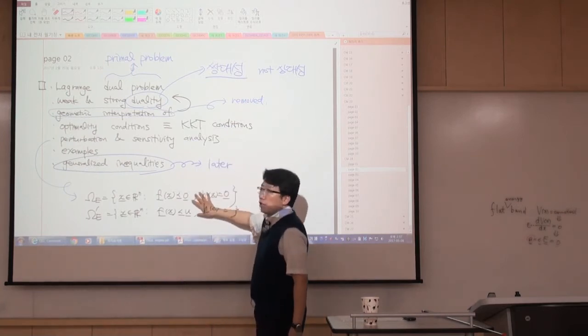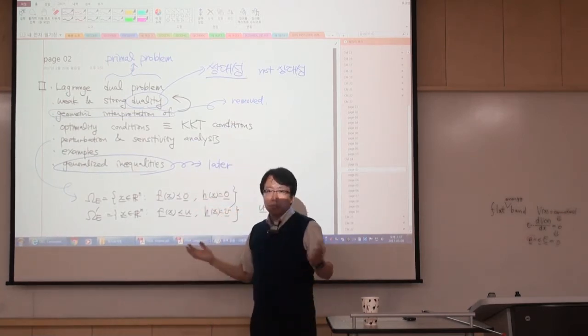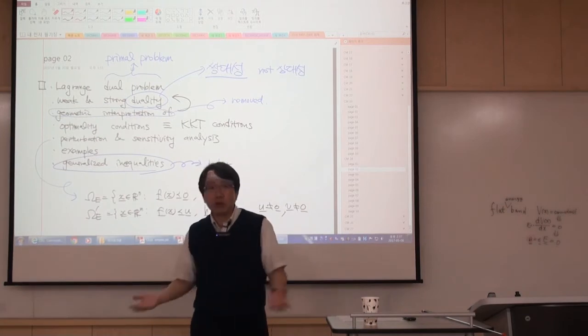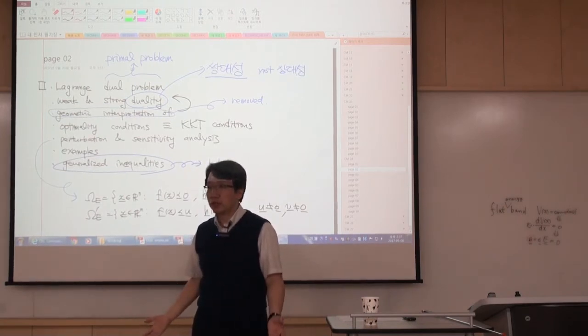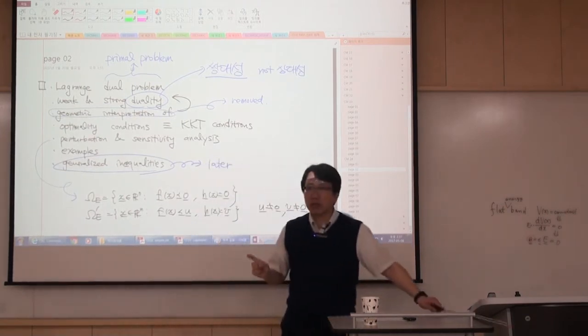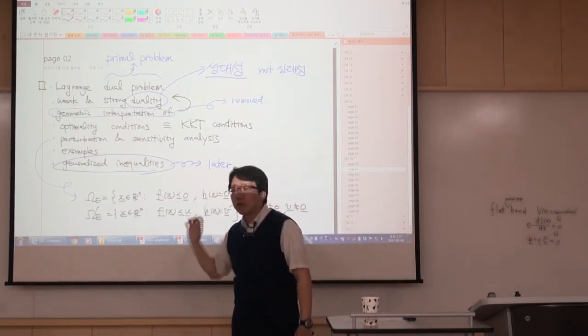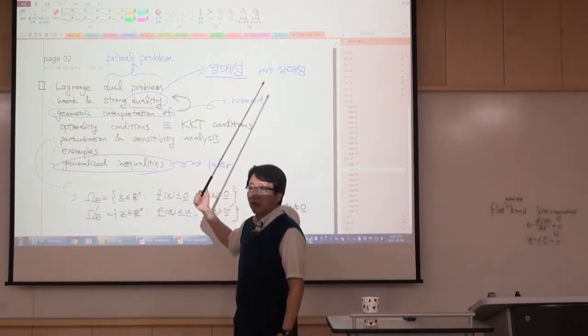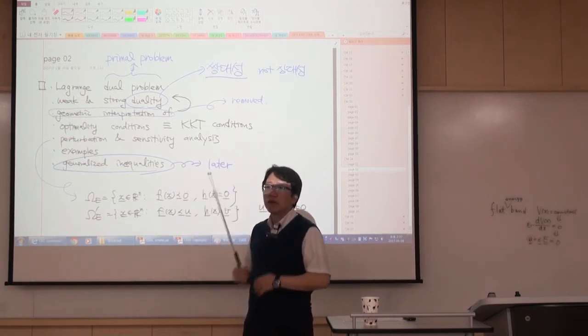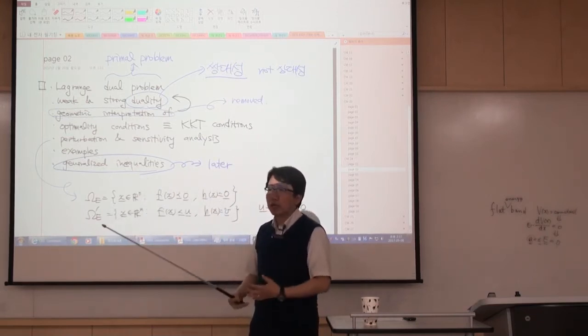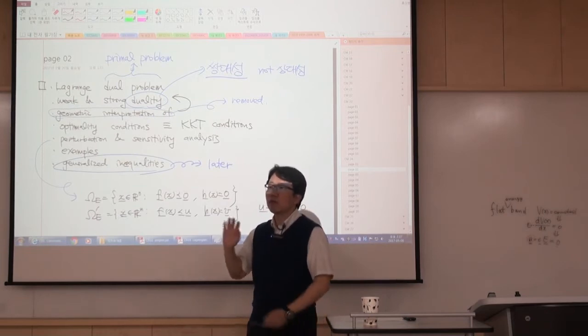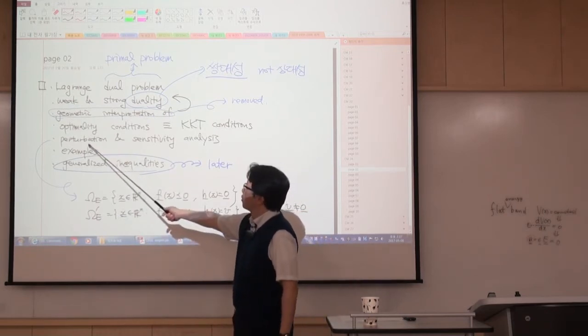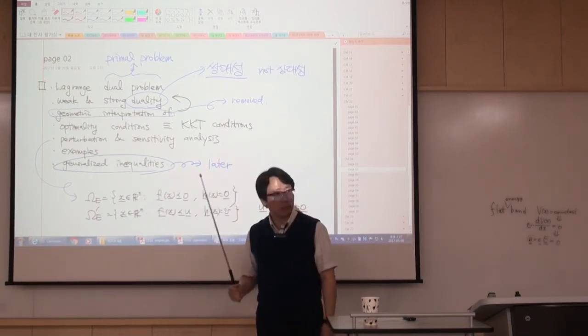That kind of analysis, at this point, we have no idea how to perform. And interestingly, it is not the only way, but this dual problem and duality provide us some way, okay? Not the only way, some way to do this perturbation and sensitivity analysis.